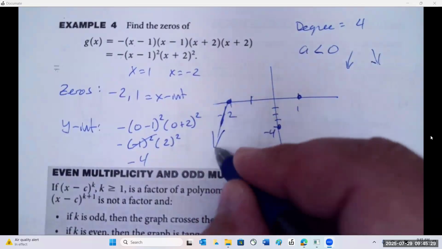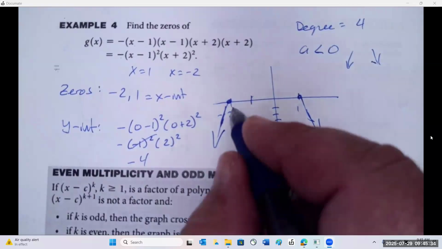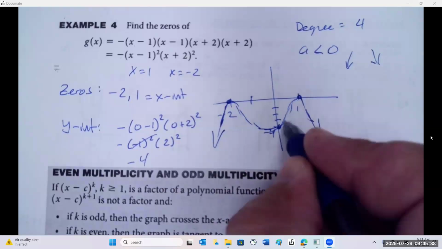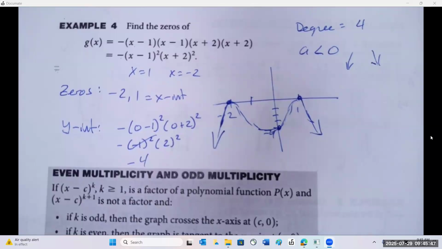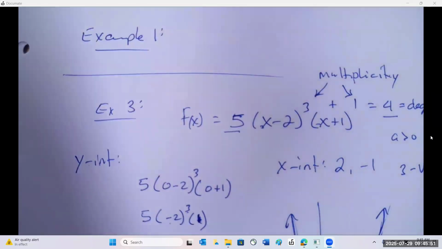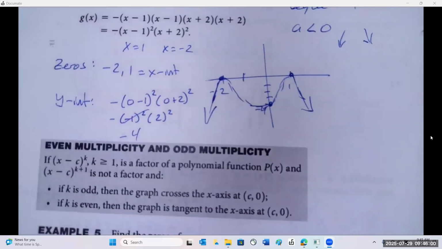Our graph goes down from both of these. I know my graph does this. How do I know my graph does that? No. Close though.